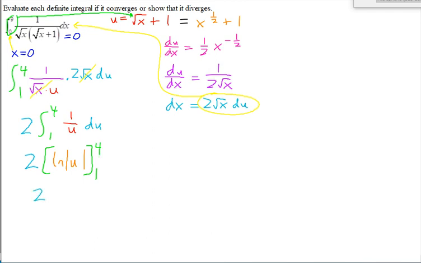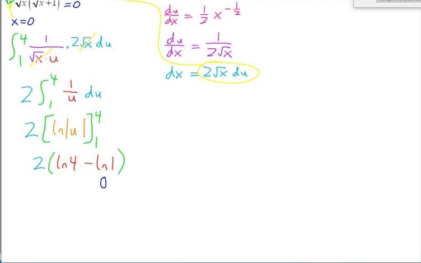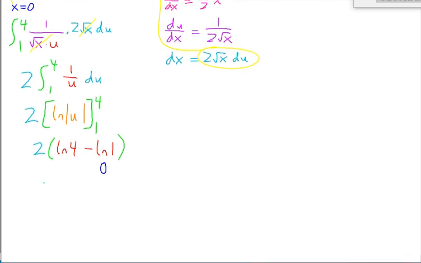So we'll have 2, substitute in the upper limit of 4, so you get natural log of 4 minus natural log of 1 here. The absolute value didn't affect either one. But the natural log of 1 is 0, since e to the 0 is 1. So we just end up with 2 times the natural log of 4. So the answer could be written that way.